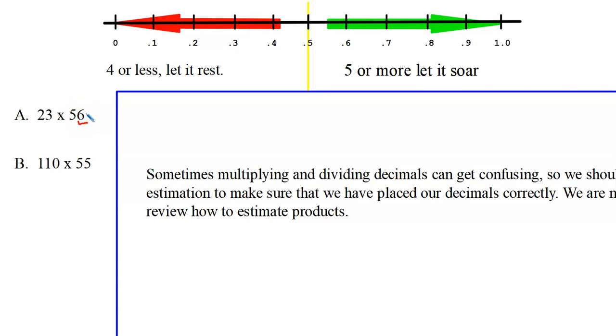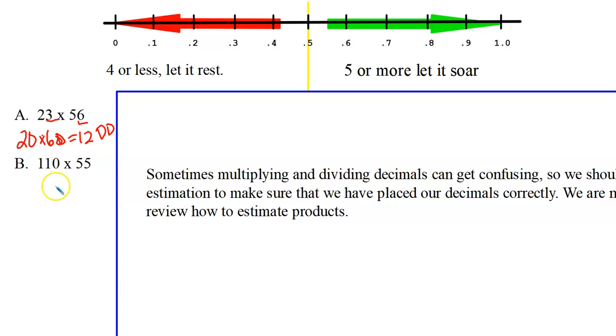It's 5 or more, so I round that up to 60. And this is less than 5, so I keep it as it is. So I can really say that this is 20 times 60. And then remember the easy thing when you're multiplying by powers of 10, I just do 2 times 6 is 12, and then I add the 2 zeros. So I got 1200 for my estimate.